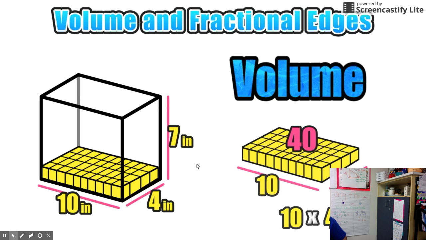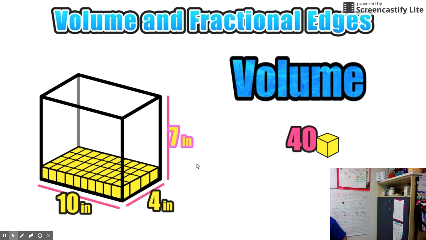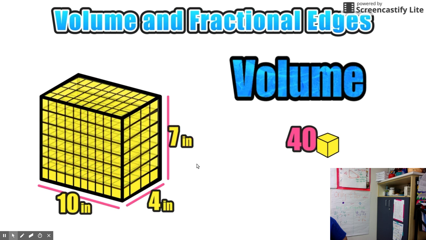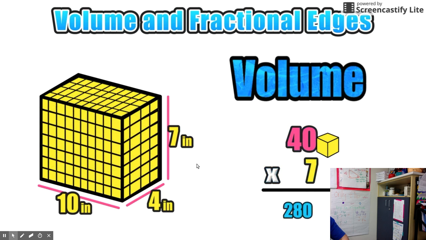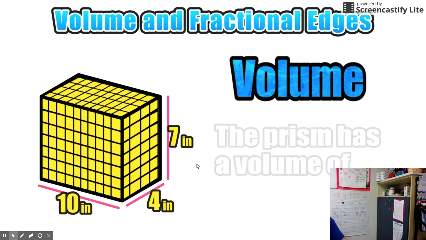Now, to determine how many of these 40 cube layers it would take to fill the entire prism, we have to look at the height, which is 7 inches, which means that we would need 7 layers of 40 cubes. So by multiplying 40 times 7, our product of 280 represents the total number of unit cubes it would take to fill this entire prism.